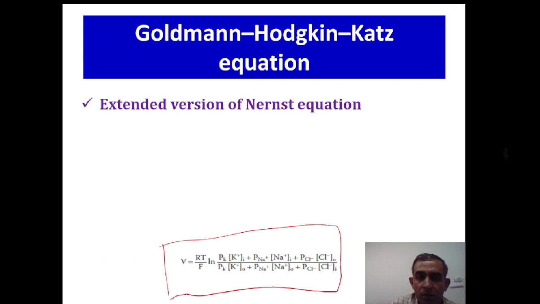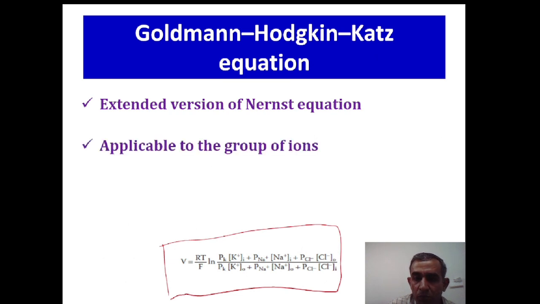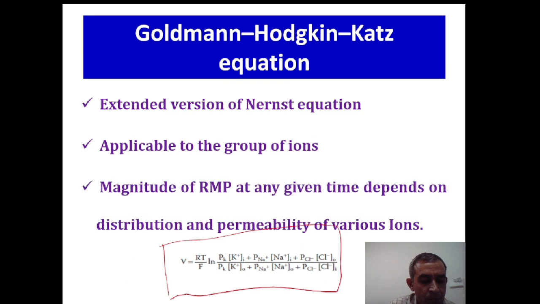You can refer to the textbook for the details. It is the extended version of the Nernst equation, applicable to a group of ions, as I said earlier. So the magnitude of the RMP at any given point in time depends on the distribution and permeability of the various ions. Okay, so this is very, very important for the genesis of the RMP. There is the distribution of the ions and the permeability of the membrane.